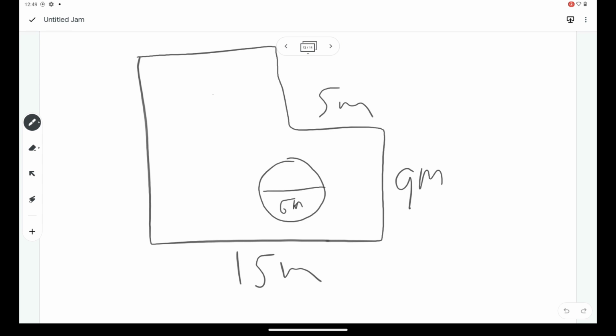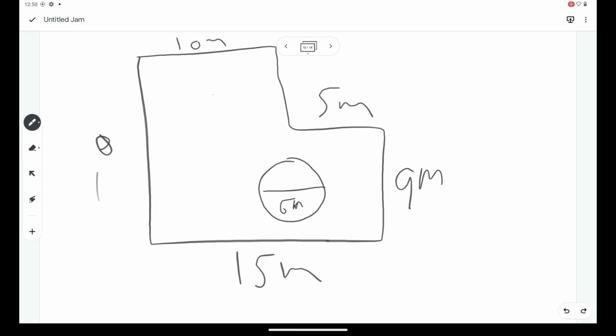Give you one final example of the kind of questions you might get. You might get asked to work out the area of this garden, ignoring the water fountain, which is the circle. So we'd have to work out the area of this shape as a whole, and then remove the circle. Again, start off by filling in the blanks. So we know that this is 15, so we know this has got to be 10 meters here.